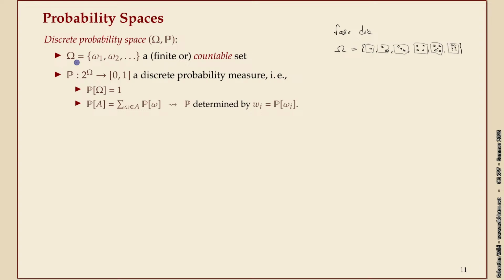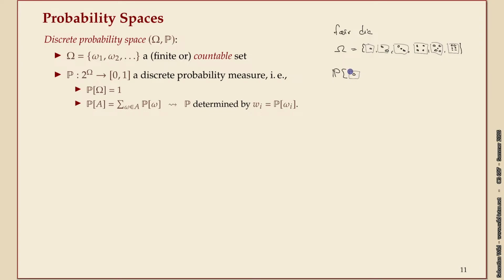But really, it's determined by giving the individual elementary events some probability weight. And so here, in the case of our fair die, we would say the probability of each of those is just 1/6, if it's a fair one.